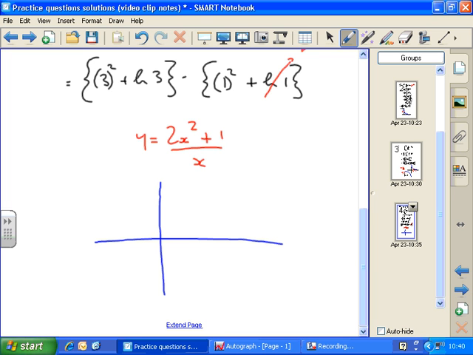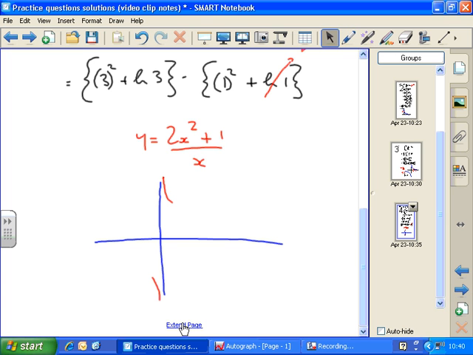As I've mentioned already, when x equals 0, then anything over 0 tends to infinity, so I'm going to be expecting it to be going up to infinity here. And equally, on the negative side, it's going to be negative infinity, so it's going to be doing something like that.